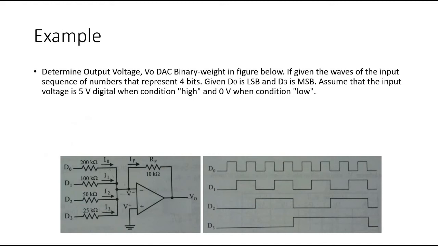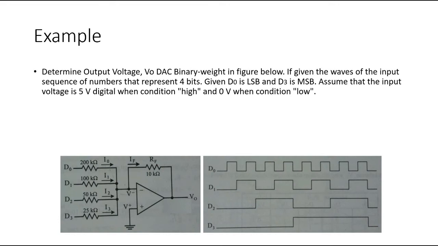Okay, we go to another example. Determine the output voltage V out of the digital to analog converter, binary weight, in the figure below. Given the wave of the input sequence of numbers that represents 4 bits, D0 is the least significant bit and D3 is the most significant bit.